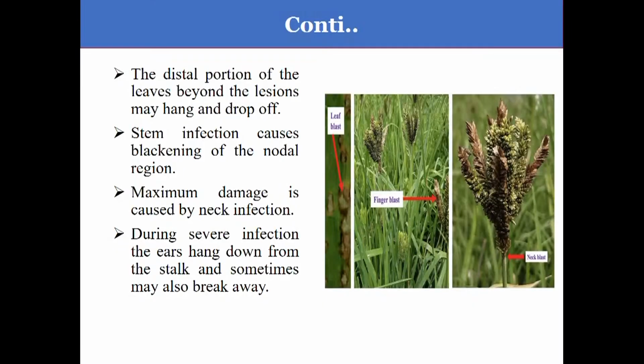The distal portion of the leaves beyond the lesions may hang and drop off. After severe infection, the leaves hang down and drop off.